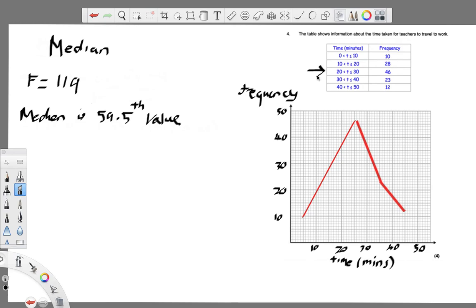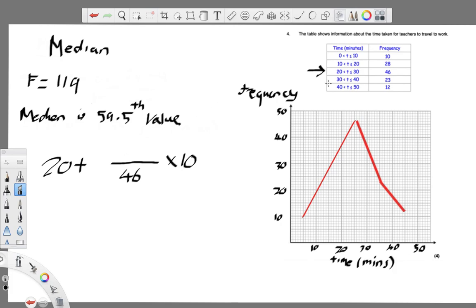So then how do we find that median? Well, we recall that it was the lower number for that, so it'd be 20, plus how far we've gone into that, divided by the actual frequency of that class. So the actual frequency of that class is 46. And then we times it by the class width. So the class width of that is 10. So we just need to, and I've deliberately left this blank, find how far we've gone into that.